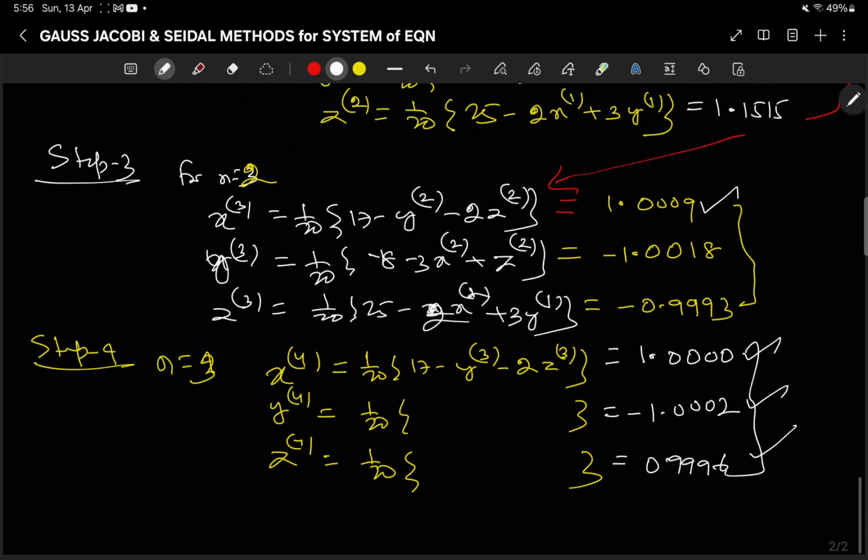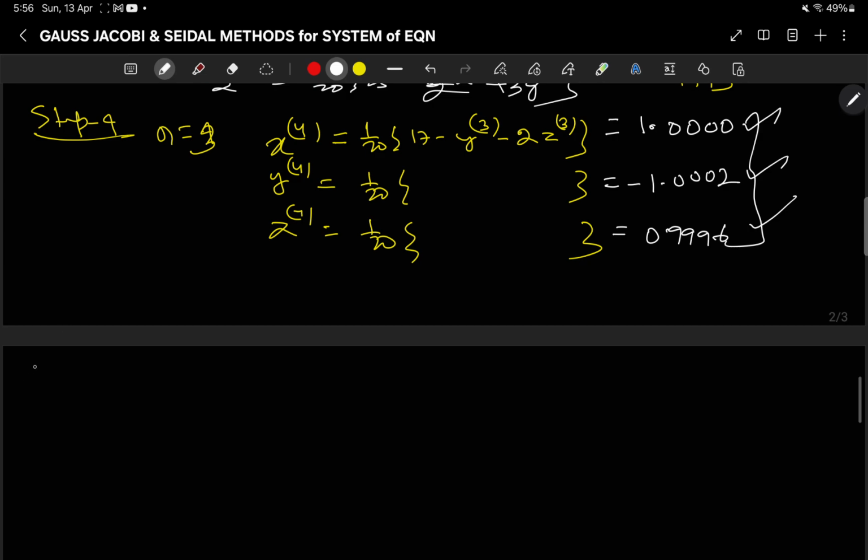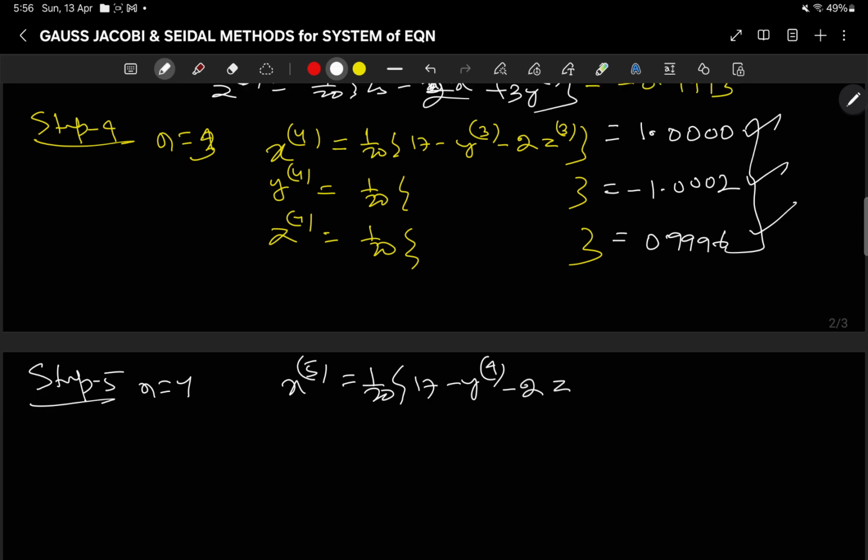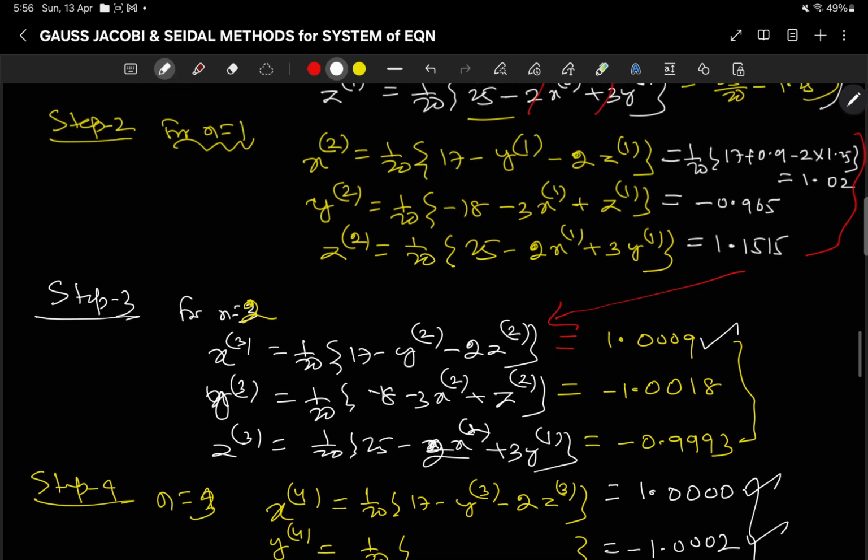Okay, now we just perform one more step. Step 5, here n is equal to 4, here x5 will be 1 by 20, 17 minus y from the previous step, 2 times z from the previous step. This is plus 2, na.